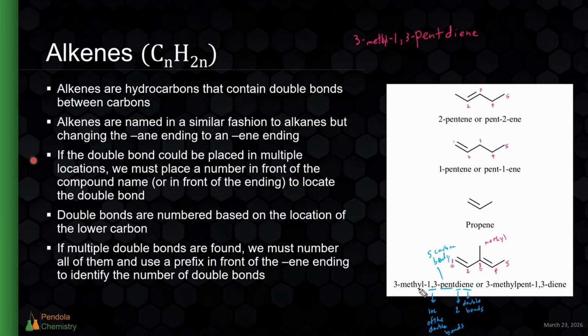And then the 3-methyl: the yl tells us it's a side chain. The meth tells us it's 1 carbon. And the 3 tells us the location of the side chain.